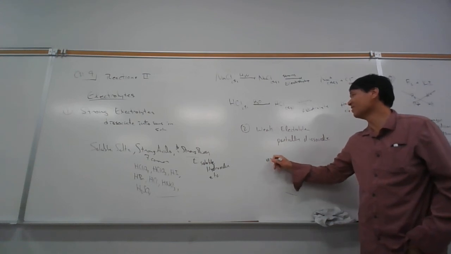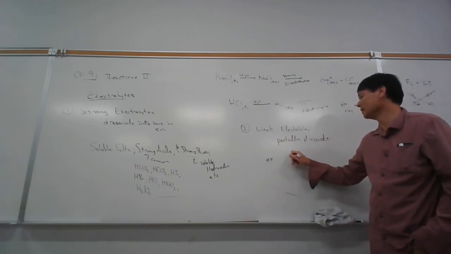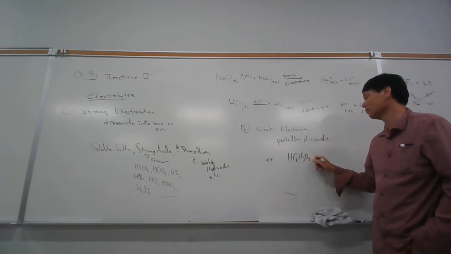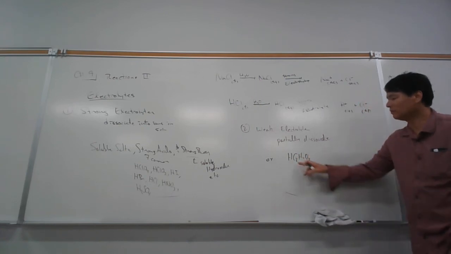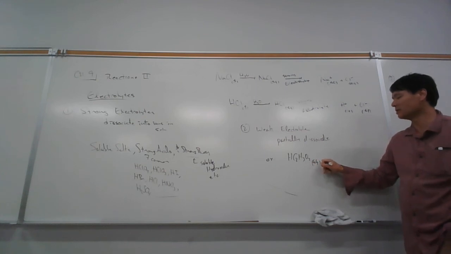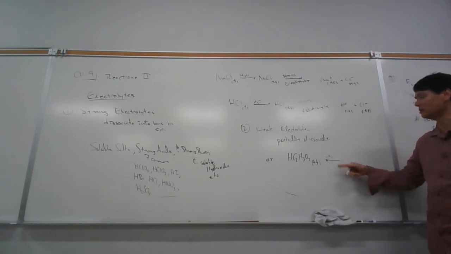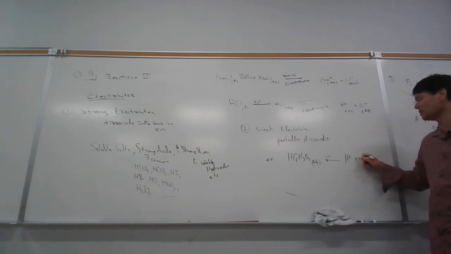An example of this would be acetic acid. Acetic acid is HC2H3O2. If we have acetic acid, which is aqueous, what we see is that it partially dissociates. So we write these two arrows like this, and we partially dissociate this into H plus and acetate, C2H3O2 minus.